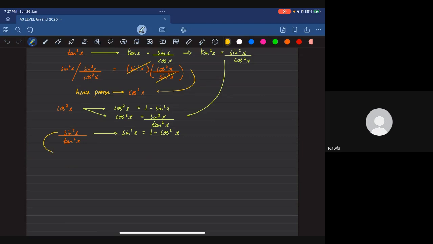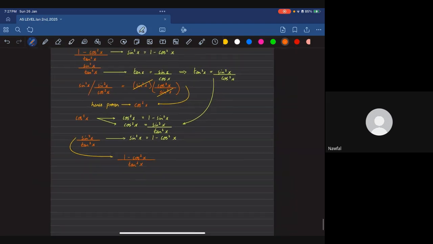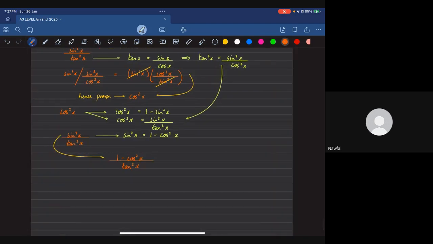You're simply going to convert this down to sine square x is 1 minus cos square x over tan square x. Is this clear? And you can again say that we proved it.